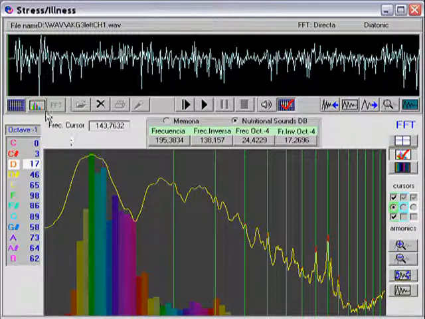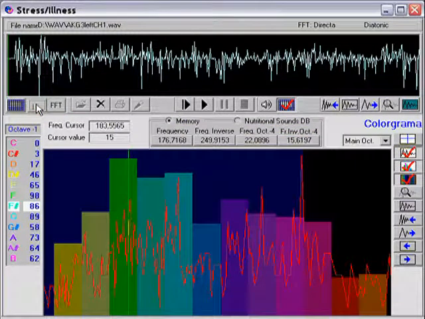Now, the interesting part of seeing both the cologram and the FFT is that this is a very high frequency in the cologram. It means that that frequency was mentioned even more than these that have more volume in the FFT. These are more important in the FFT, but this one is mentioned more times in the cologram.